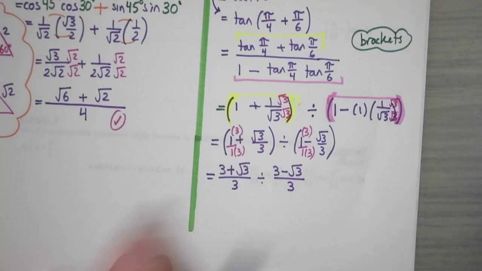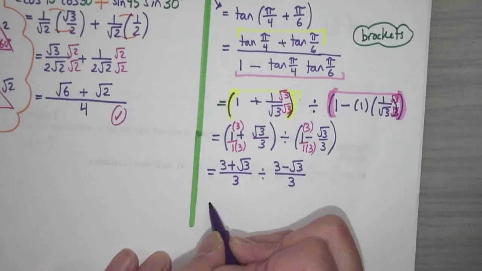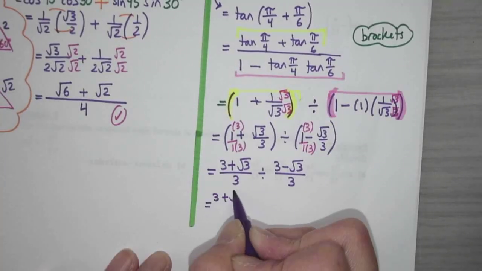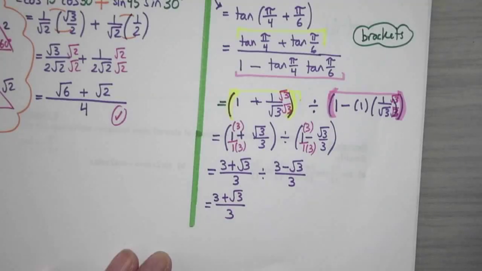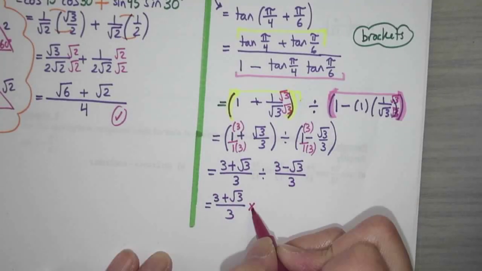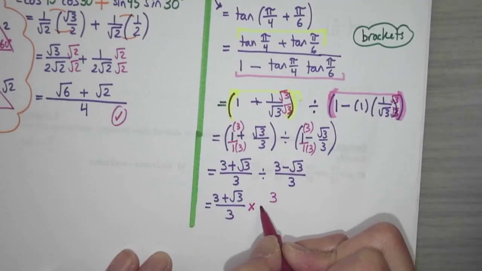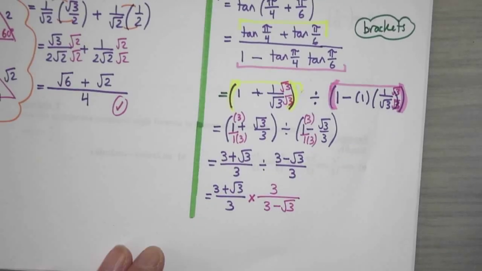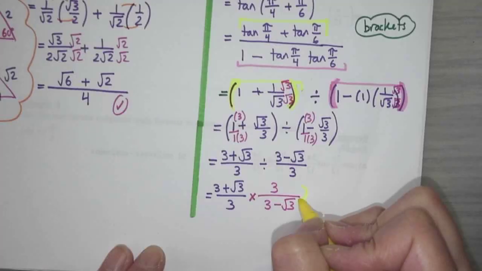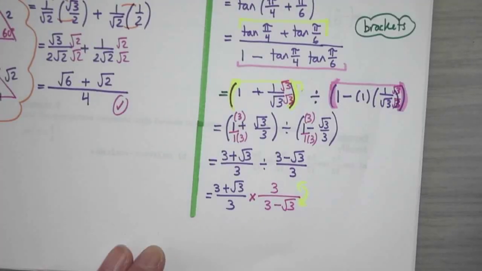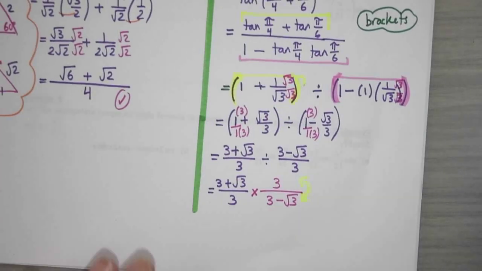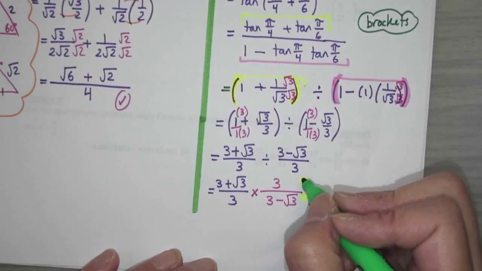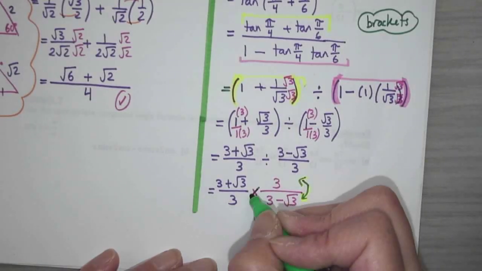Keep going. So look, now none of this is the new stuff that we learned, right? All of this is just radical work. So then division becomes multiplication. So 3 plus root 3 over 3 times, and then you flip it over, so 3 over 3 minus root 3. Right, so let me switch that to times.